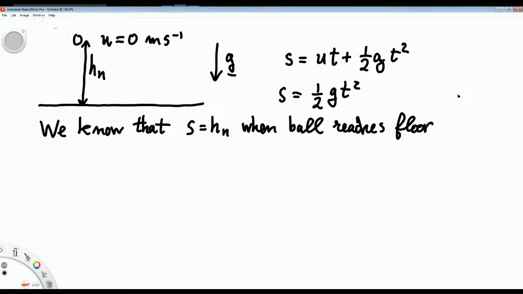So the time that has passed is exactly given by 1/2 gt squared equals Hn. And you probably recognize this formula from before. Let me call this time not just t, but Tn, because it's related to the nth bounce. And you end up with the formula Tn equals square root 2Hn over g.